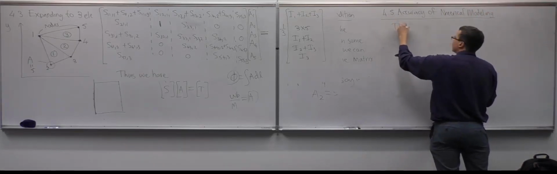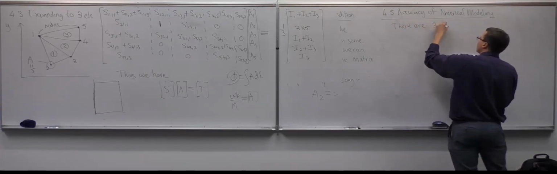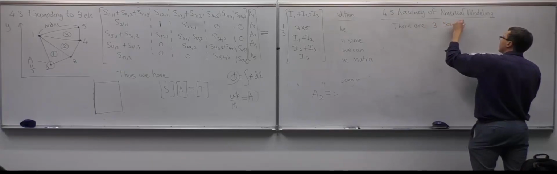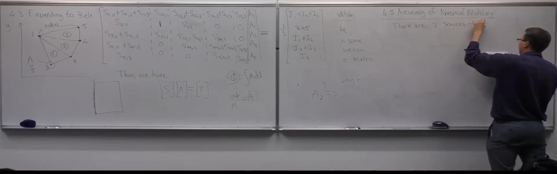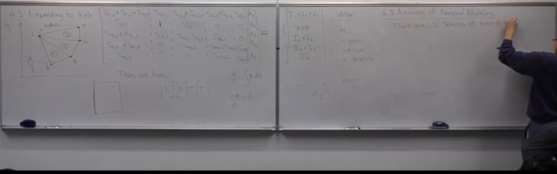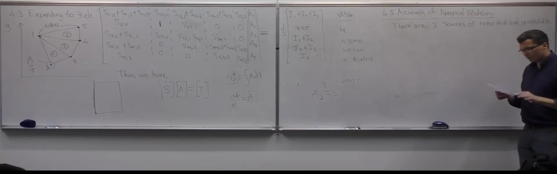There are three sources of error that are unavoidable. They're going to exist. You can't escape it.